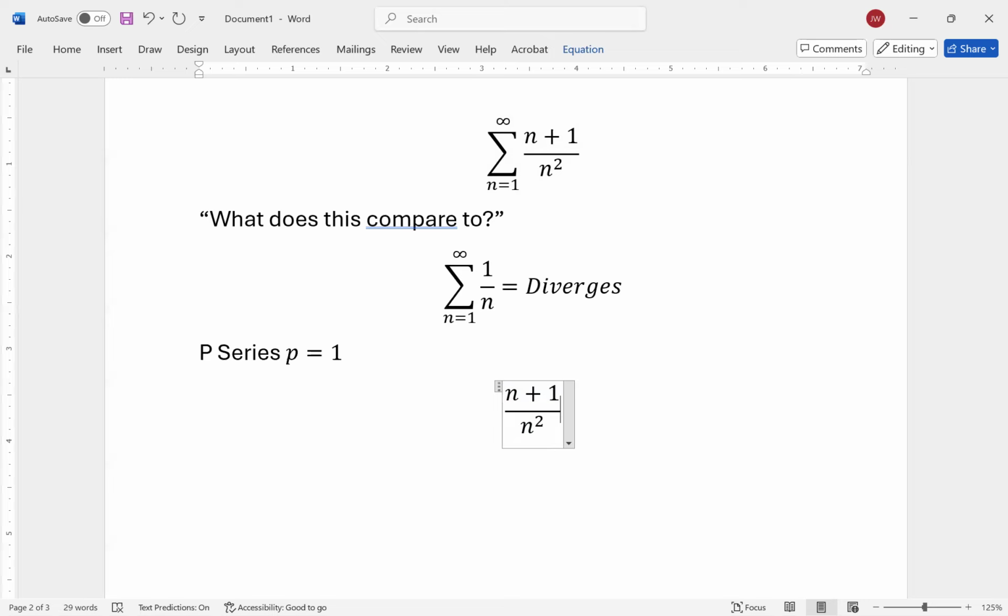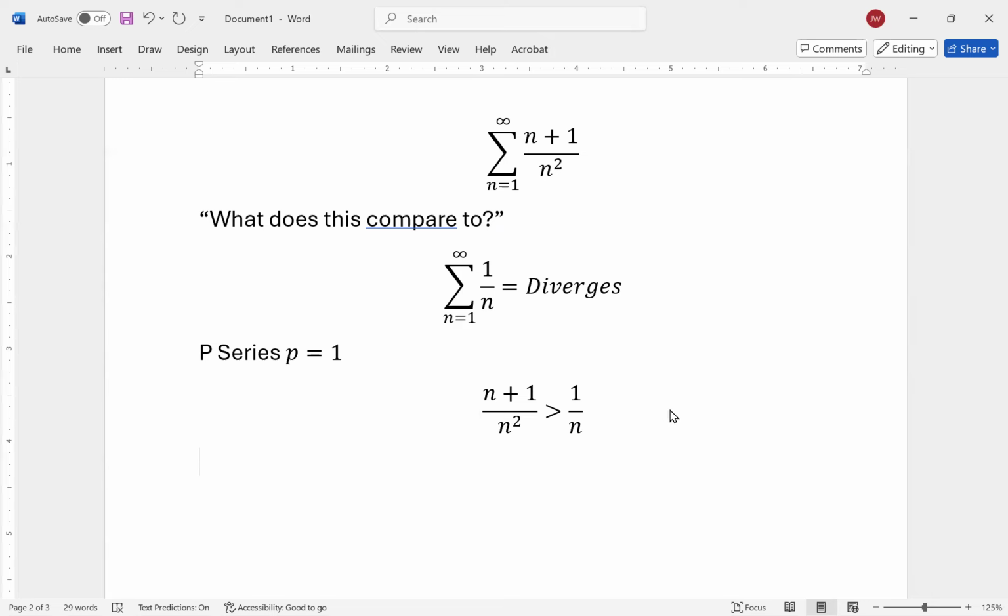So I'm comparing 1 over n to n plus 1 over n squared. It turns out that n plus 1 over n squared is always going to be greater than 1 over n.